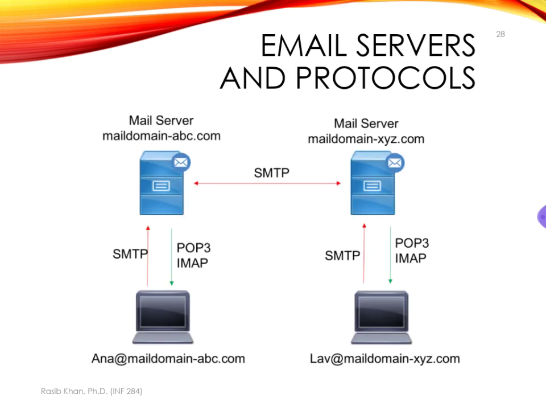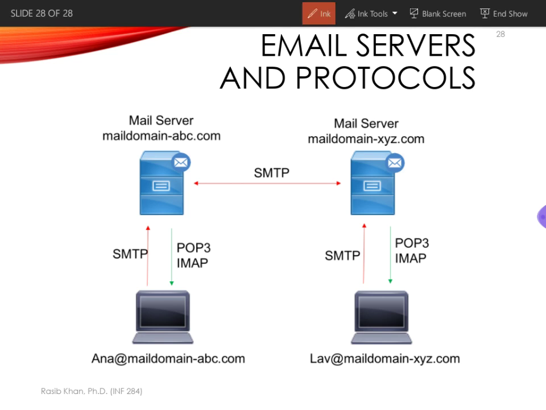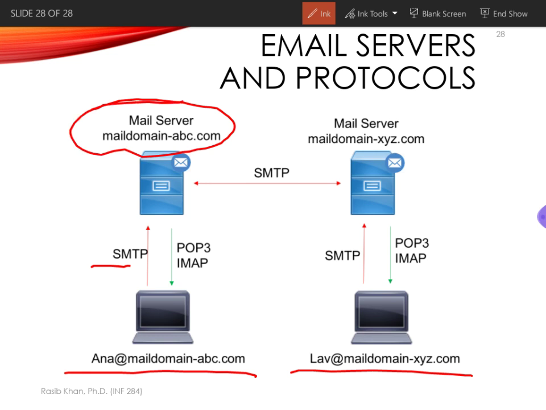If you look at the way that the protocols and the servers can be organized, let's say we have two users, Anna and Lav, who are in two different network domains. Anna will be using SMTP to send out an email to her own mail server. In the same way, Lav will be using SMTP to send out an email to his own mail server in XYZ.